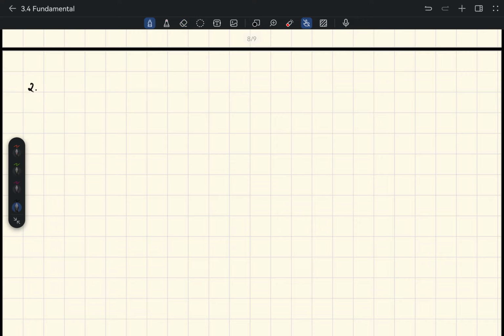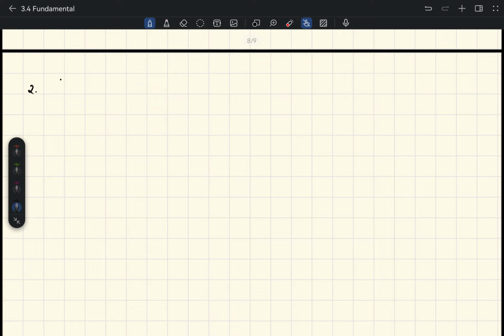Let's try and prove 1 over secant theta minus tangent theta equals secant theta plus tangent theta.